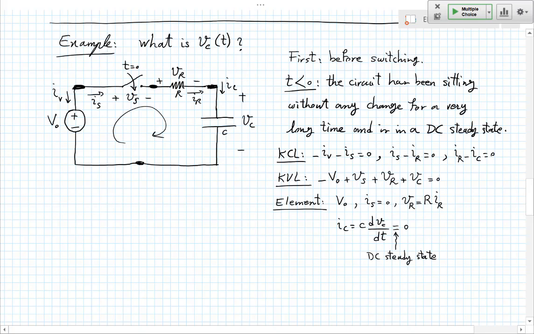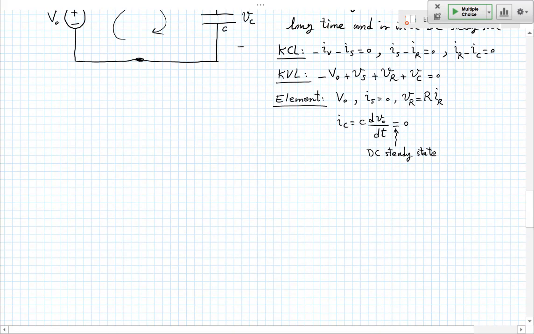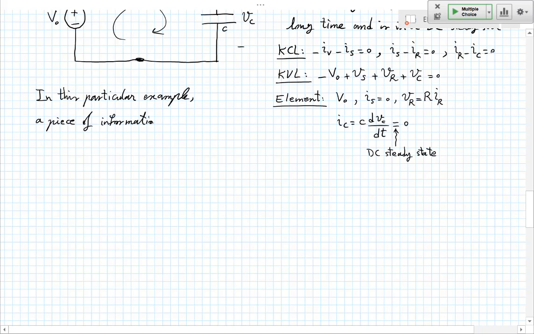So VC, let me write this down. In this particular example, a piece of information is missing.